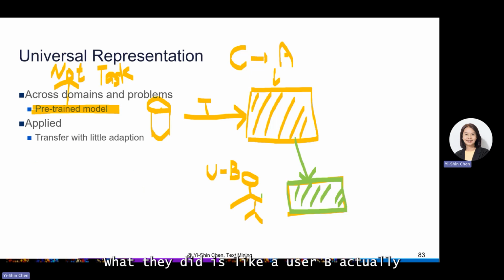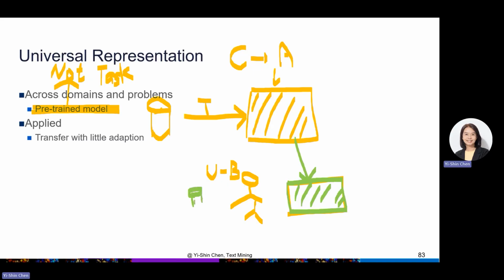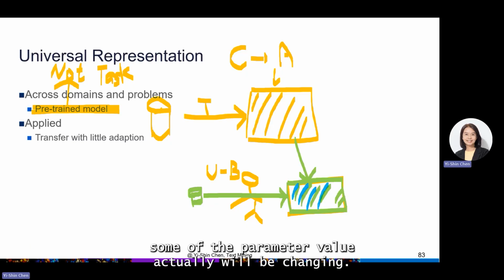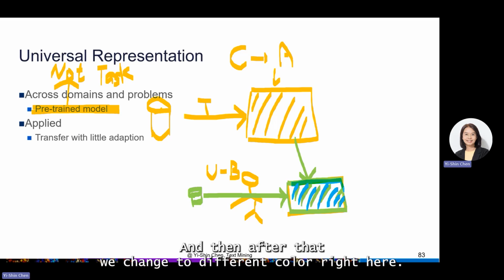What user B does is probably collect a very small data set, a lot smaller compared to before. And then we tell this model, we try to train it on this one. After we train, the model changes, because some of the parameter values will be changing. And then after that, we change to a different color right here.